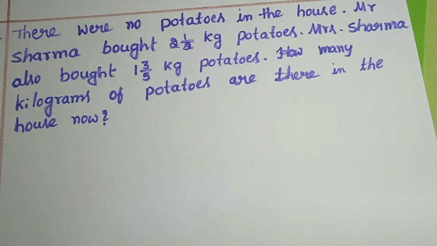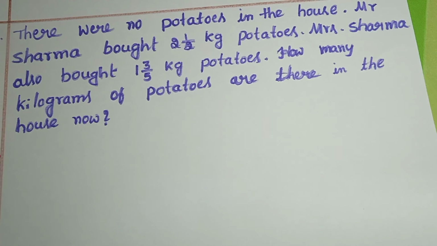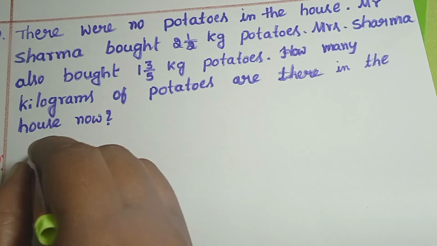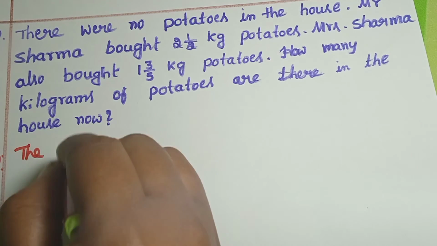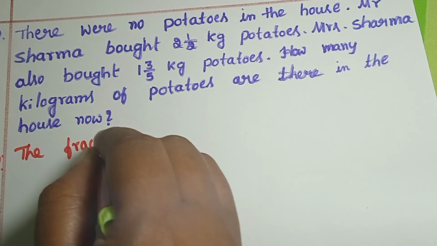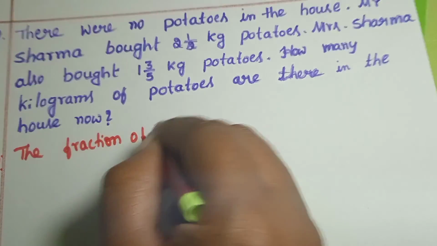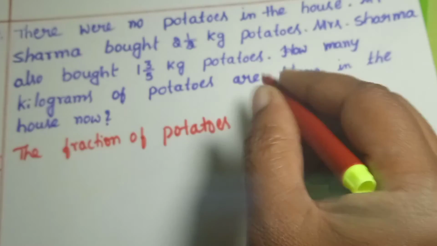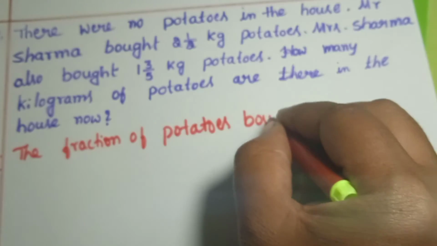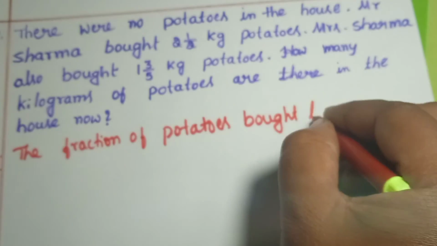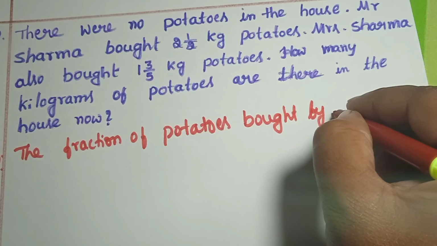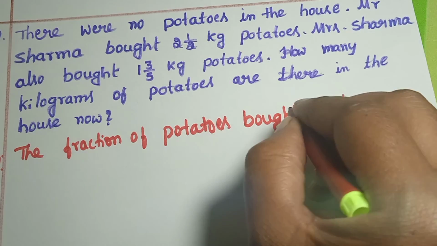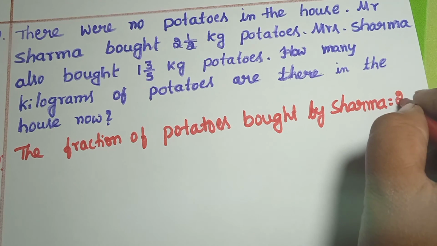Okay, the fraction of potatoes bought by Sharma. Okay, first we should find out the fraction of potatoes bought by Sharma. How many potatoes, children? That is 2.5 kg.